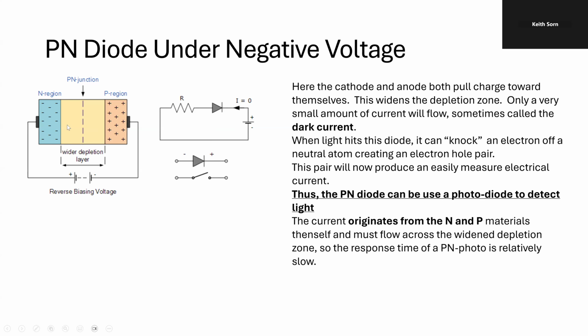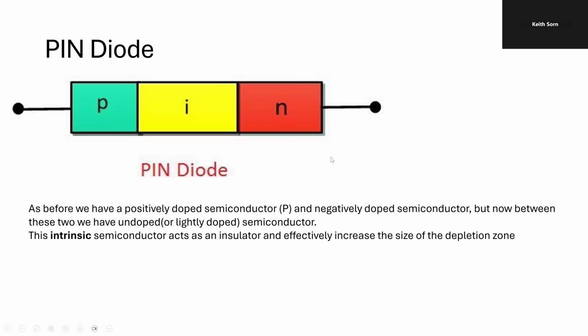It takes a long time for charge to diffuse, it's called, go across this depletion layer. So the response time of PN photodiodes is relatively slow. We can improve that by making a PIN diode.